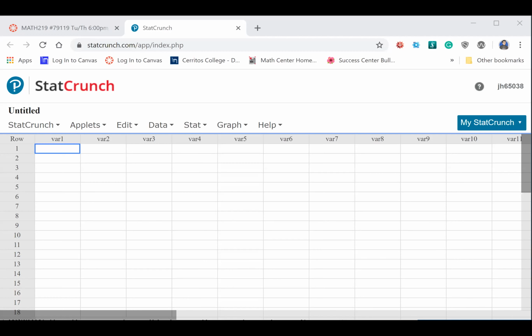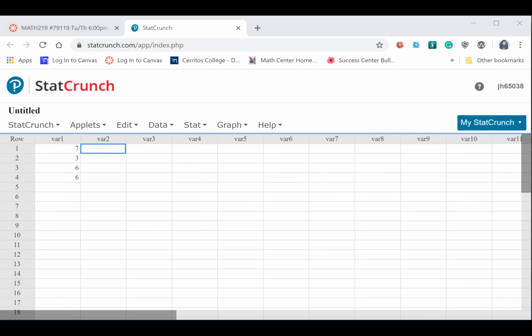So I'm going to type in what I need for this. I'm going to type in my columns here, 7366. Let's go to column 2.